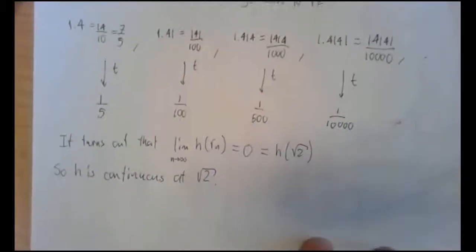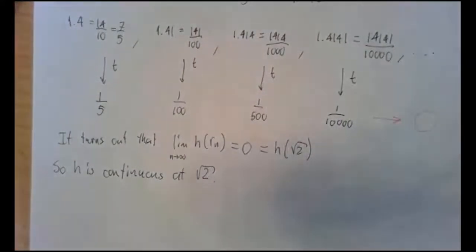Now, there wasn't anything special about square root of 2. I could have picked pi or square root of 3 or any other irrational number that you like, e, and I could have done exactly the same thing. So this function, this Thomae function, I wrote h here, but it should be t.